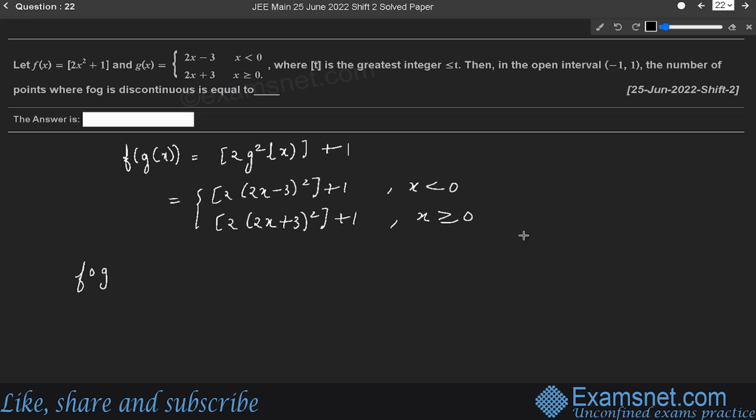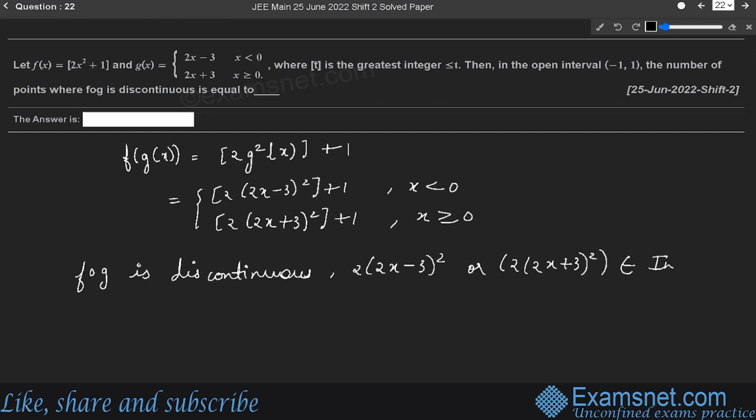Now f of g is discontinuous when 2 into ([2x] minus 3) whole squared or 2 into ([2x] plus 3) whole squared belongs to any integer except x is equal to 0. So we can say that this belongs to integer except x is equal to 0. Therefore, we can say that there can be 62 possible points of discontinuity. So the correct answer for this question is 62.